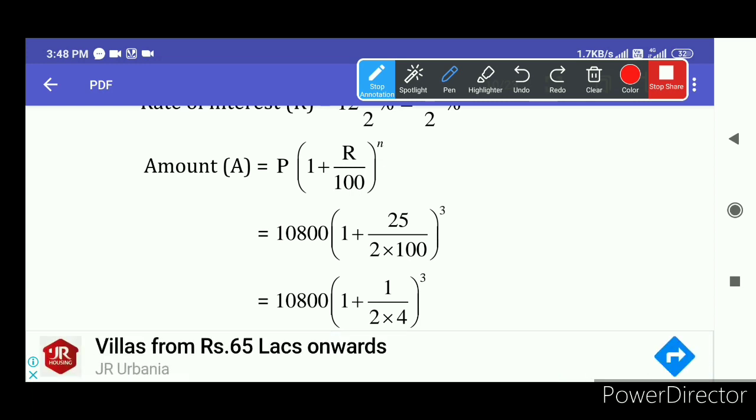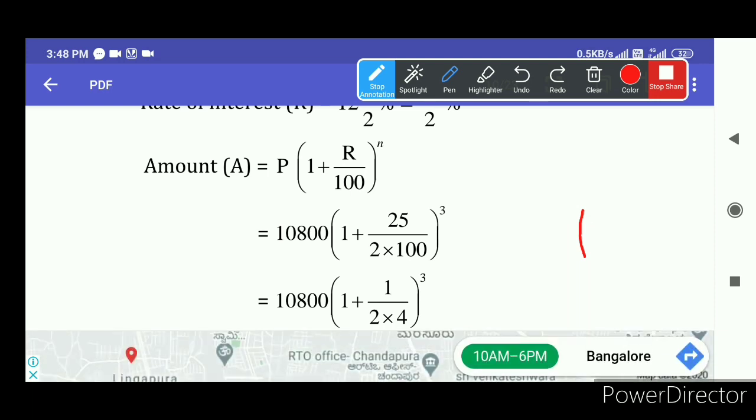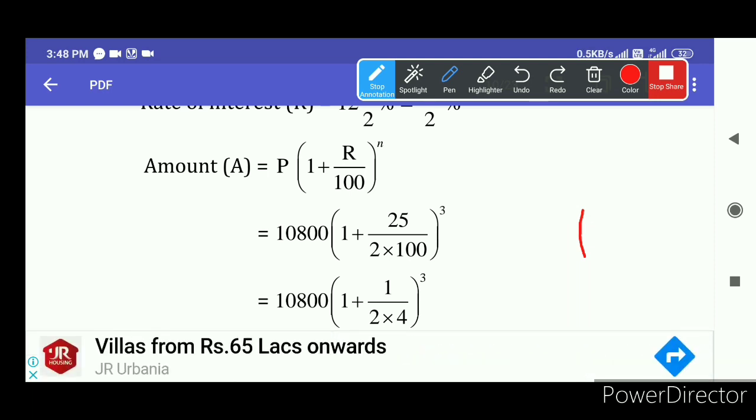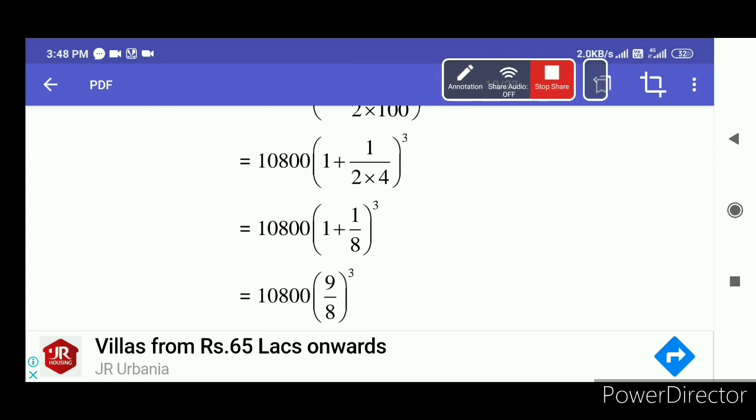So 10,800 into 1 plus, if you simplify, 25 1 time in 100 4 times, 1 by 4 whole to the power 3. The 3 is the time period, that is 3 years. Next step, 10,800 into 1 plus 1 by 8 whole to the power 3.